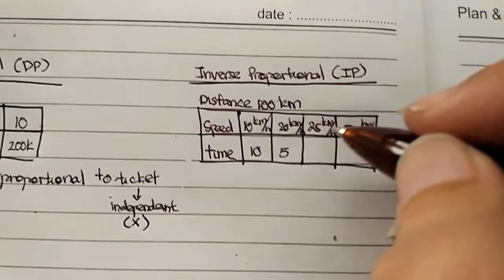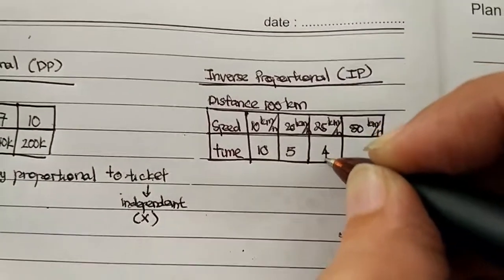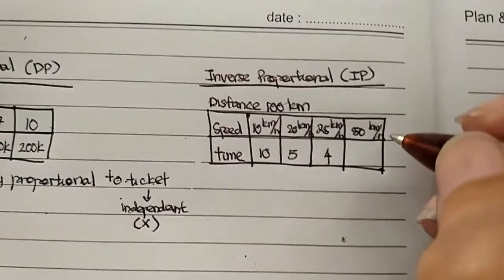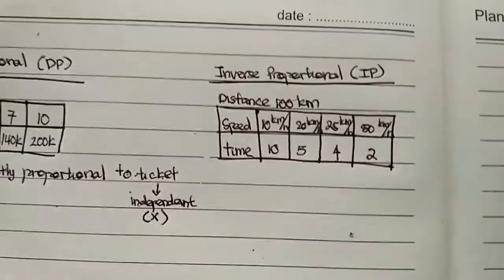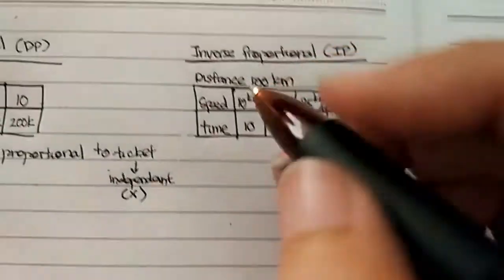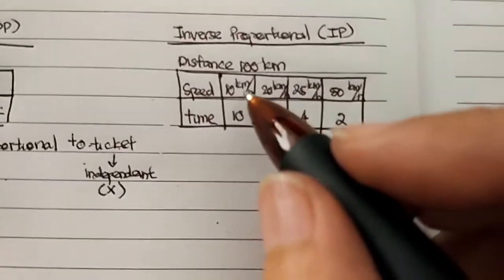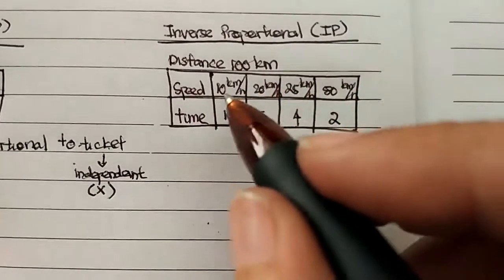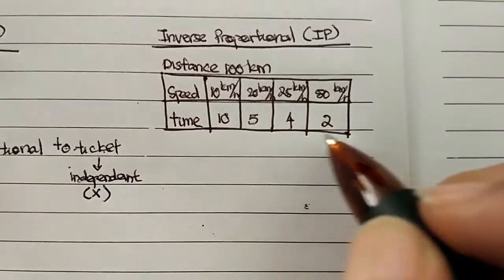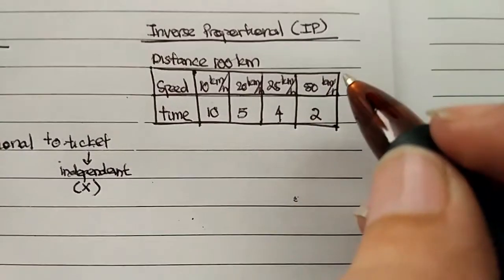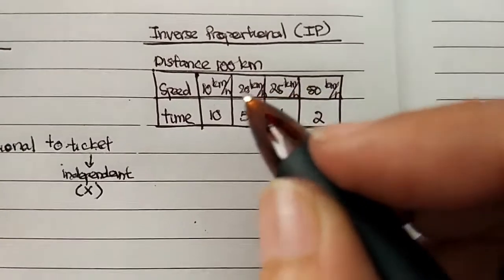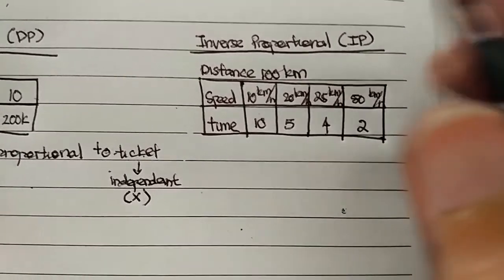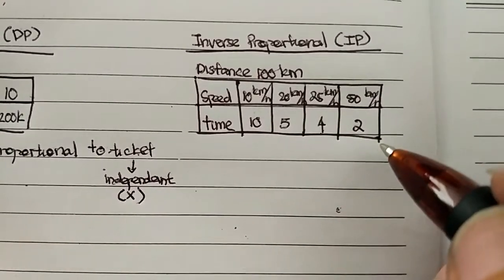Then at 25 kilometers per hour, I need 4 hours. And at 50 kilometers per hour, I need 2 hours. Now if you look at the table from left to right, if this one is going up, this one will go down. When this one is going down, that one will go up. So that one is called an inverse proportional.